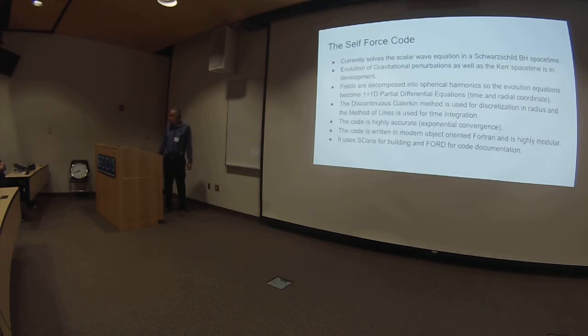Discontinuous Galerkin methods are used because all toolkits use discontinuous Galerkin methods now. For discretization, the code is highly accurate, with exponential convergence thanks to DG. The code is written in modern Fortran because Peter is a Fortran guy. And, you know, we respect all lifestyle choices.